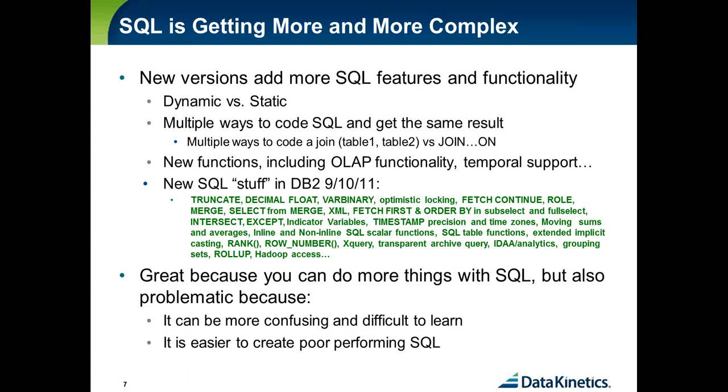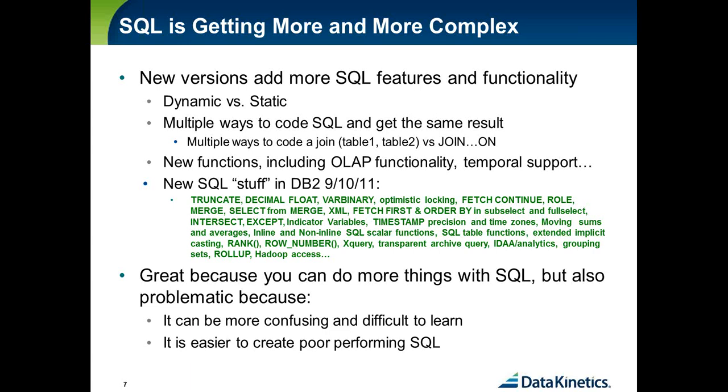They're not going to be something that you can quickly pick up and say, oh, I can do this without any education. And it's not just OLAP and temporal. If you look at this green section in the middle, this is kind of a high-level overview of the new stuff that's been added to SQL in DB2 versions 9, 10, and 11, the past 3.